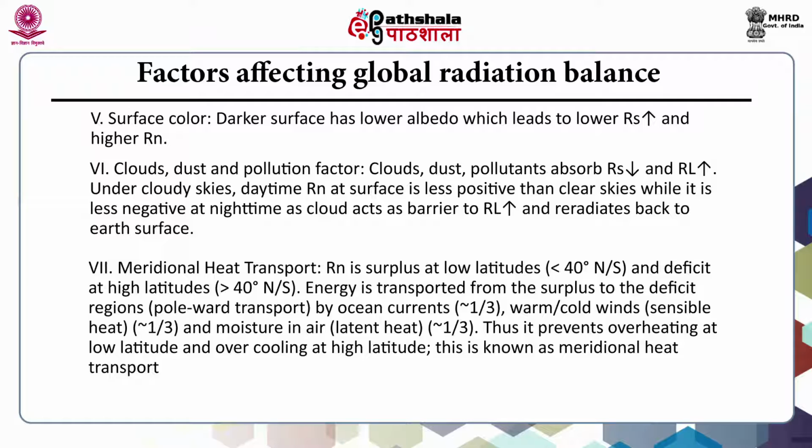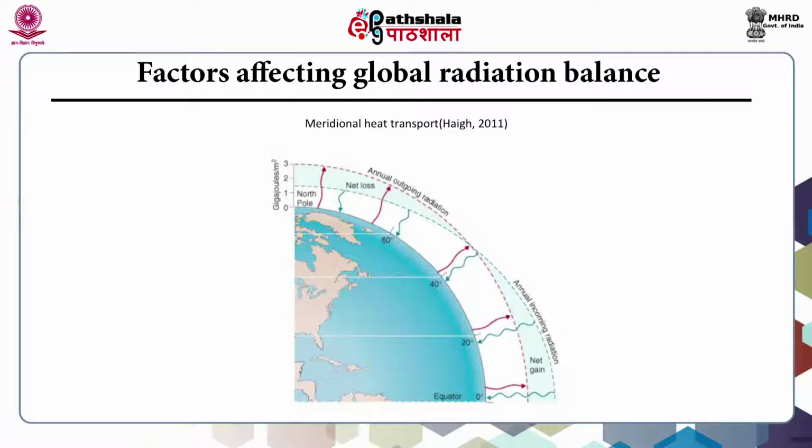Thus, it prevents overheating at low latitude and overcooling at high latitude. This is known as meridional heat transport. This figure shows the meridional heat transport, and the figure which is on the right side shows the spatial variability in global annual radiation budget.